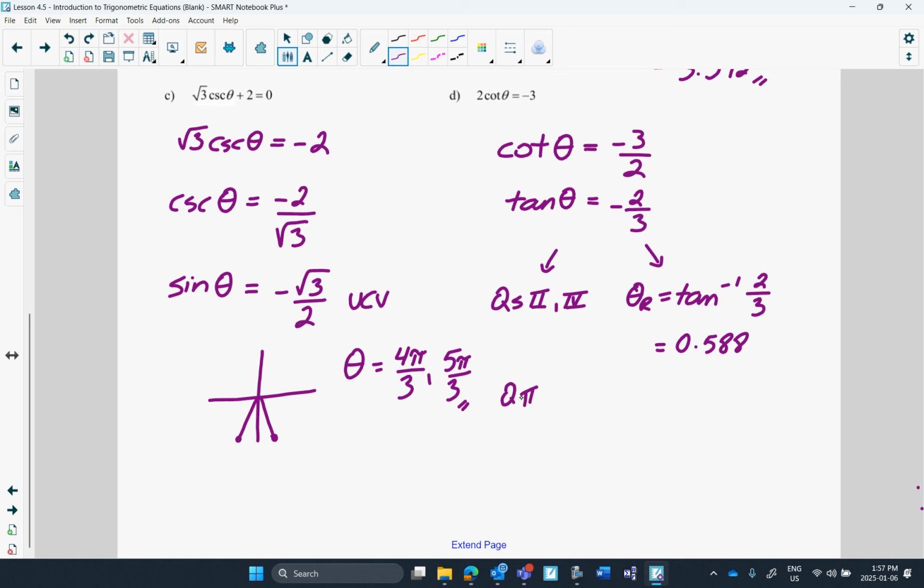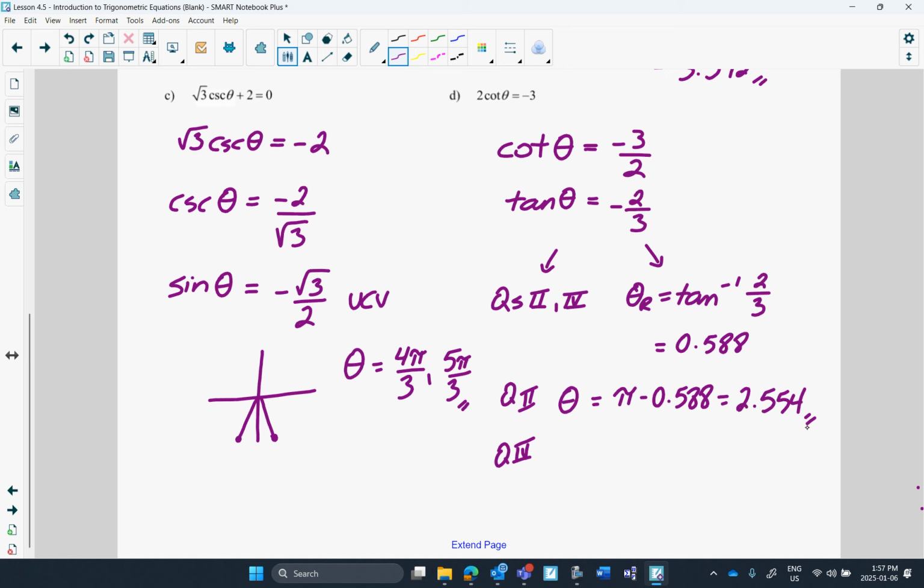So now I can find my actual angles, which are in quadrants 2 and 4. How do I find an angle in quadrant 2? Pi minus the reference angle, because remember, it's 180 minus the reference angle, but we're in radians, so it's pi. So pi minus 0.588 should be 2.554 for rounding.